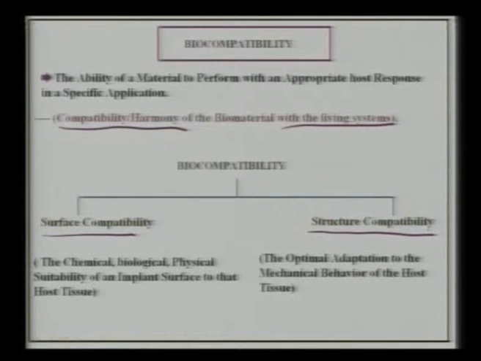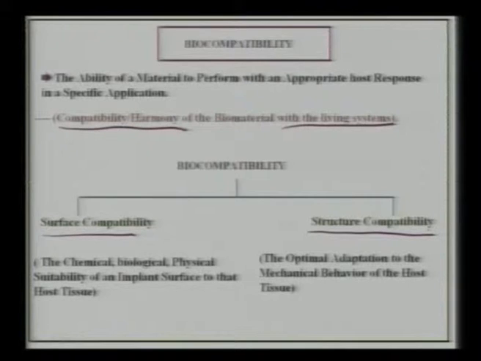Surface compatibility means, let's go back to the example I gave you in the earlier lecture, where I discussed total hip replacement. You have the titanium stem, and on top of it you have a hydroxyapatite surface coating. So the bulk composition is titanium, and the surface composition is hydroxyapatite.